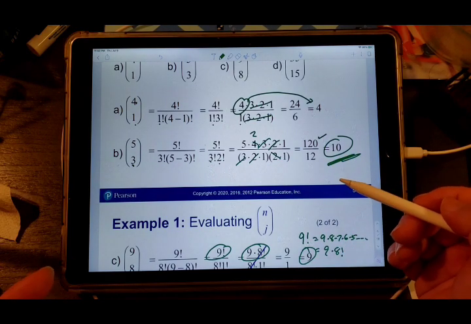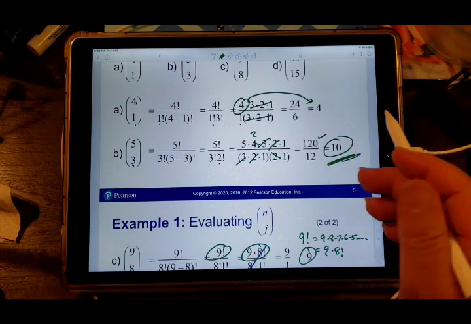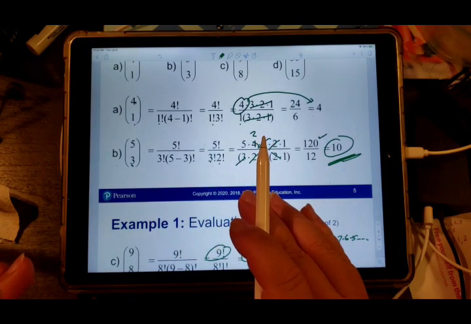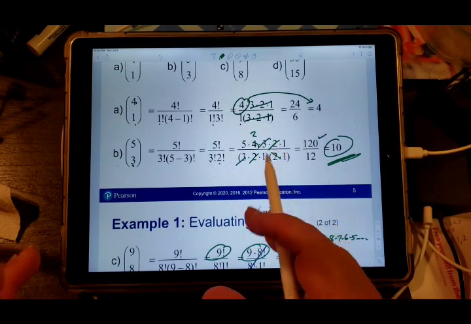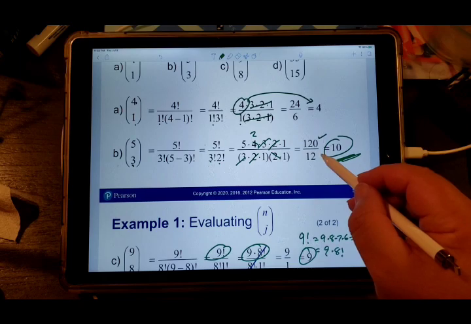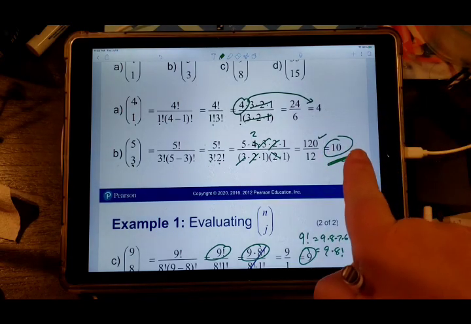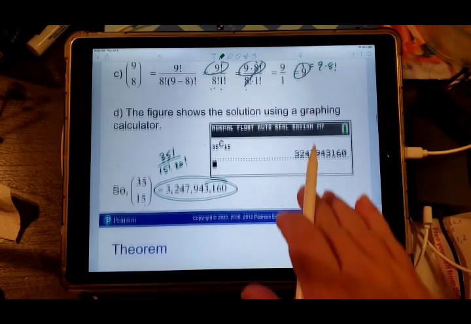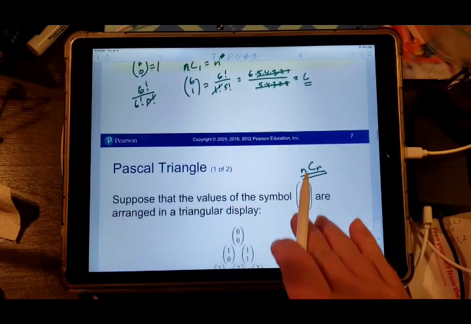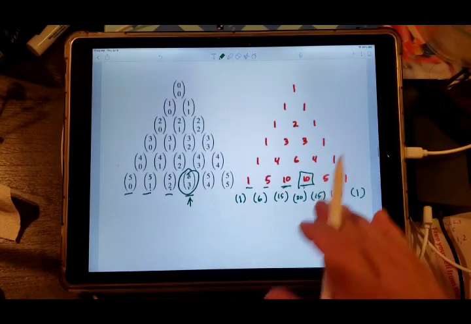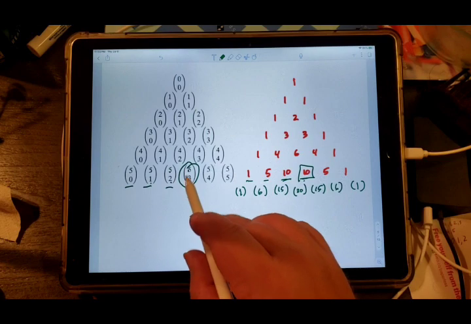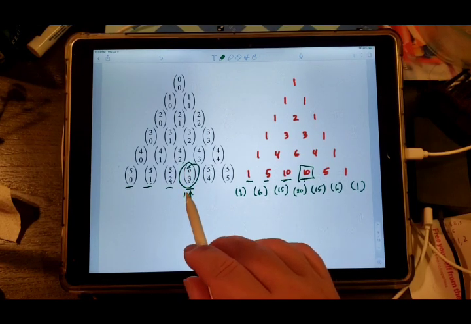And so how many ways do we have to do this now? We can match it up to its position in Pascal's triangle. We can calculate it with this formula, or we can use a calculator. All of those are legitimate ways to calculate some entries in Pascal's triangle, or some of these NCR values.